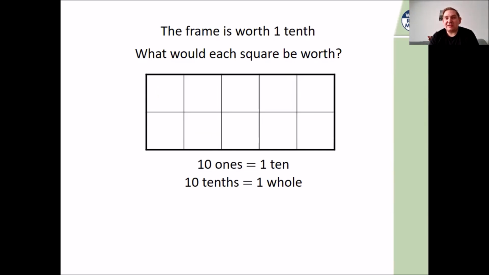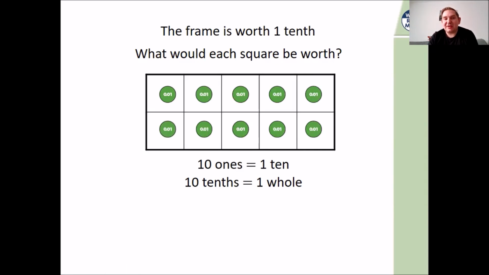If the frame was worth 1/10, what would each square be worth? Pause the video and have a think. Right, so each square would be worth 0.01, because if we had 10 lots of 0.01, they would add up to 1/10, just like 10 lots of 0.1 added up to one whole in the previous question.